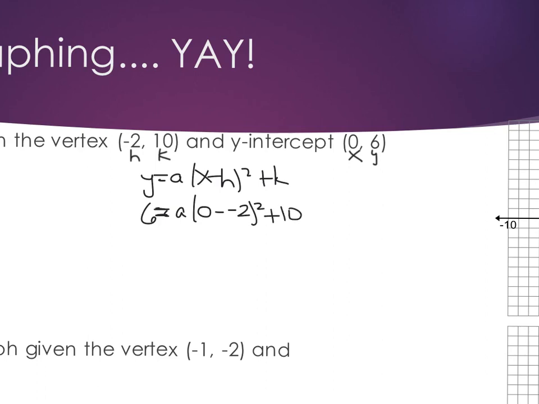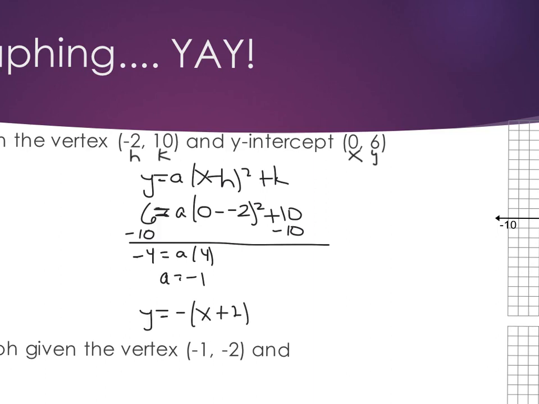And we just do some basic algebra. So we'll subtract 10. Negative 4 equals a times 4, or a equals negative 1. So y equals negative, parentheses, x plus 2 quantity squared plus 10.